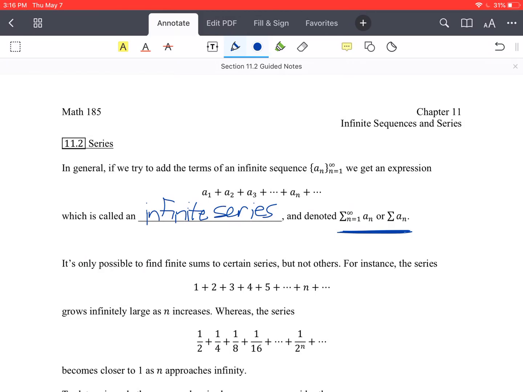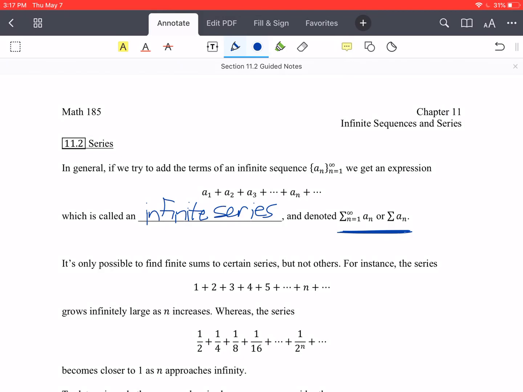Now, when we're adding up terms of a sequence to get a series, it's only possible to find finite sums for certain series, but not others. So, for example, if we have the series 1 plus 2 plus 3 plus 4 plus 5, etc., adding up just all the whole numbers, this will grow infinitely large as n increases, right? It's just going to keep adding higher and higher and higher.